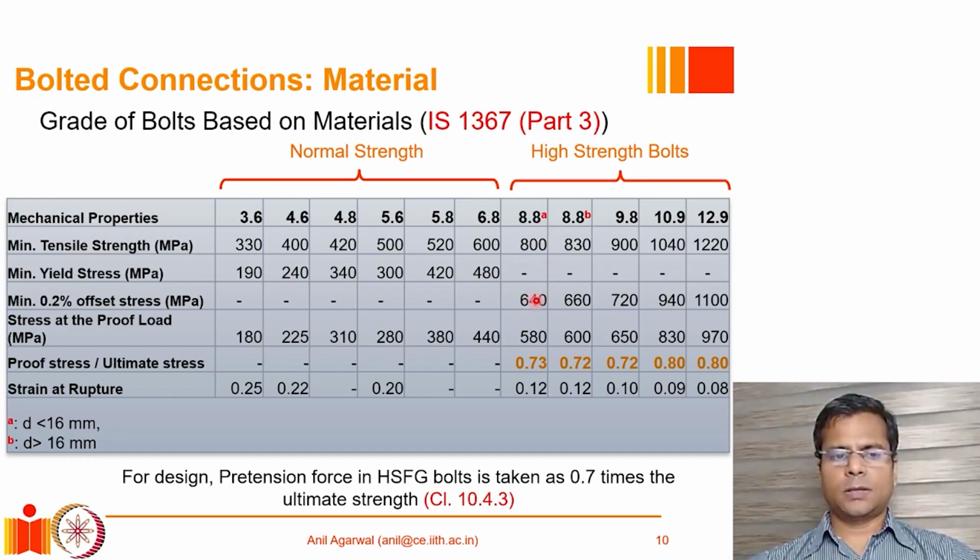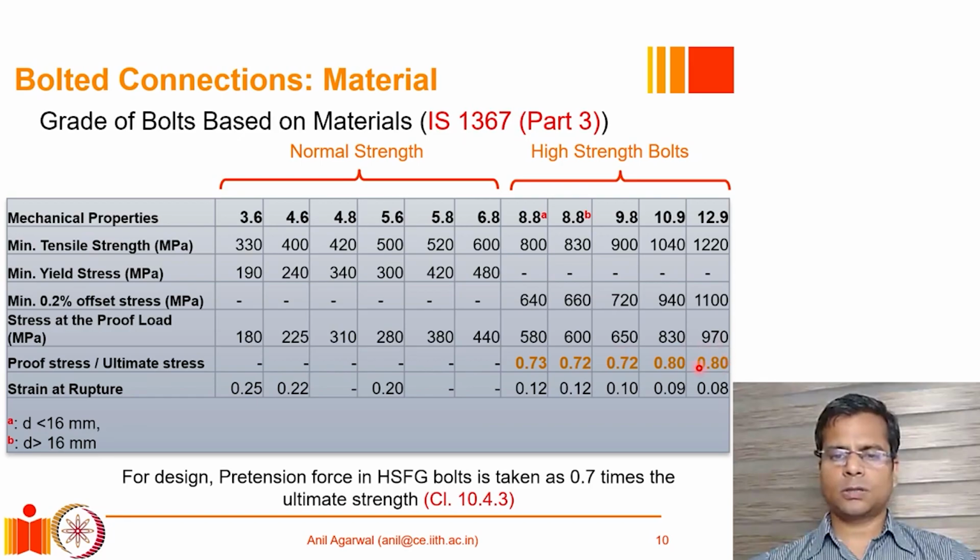There is another interesting stress value of use, which is known as the stress at proof load. These values are also provided by the code. The proof load is the load to which a bolt can be loaded or pre-tensioned. Generally, normal strength bolts are not pre-tensioned in a structure, but high strength bolts are often pre-stressed or pre-tensioned, and they provide a friction grip kind of bolted connection.